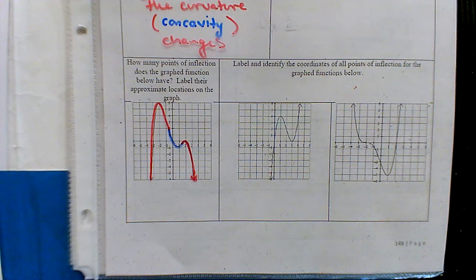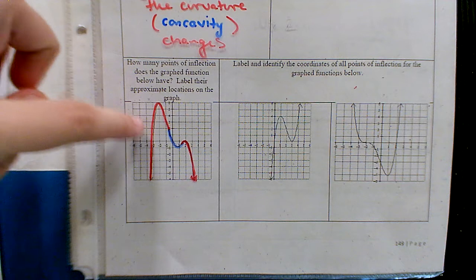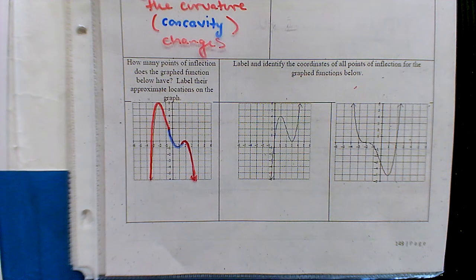So how many points of inflection does that have? How many points do you change from a regular parabola to an upside down parabola? Can we label them? How many places does this graph change from red to blue or blue to red?